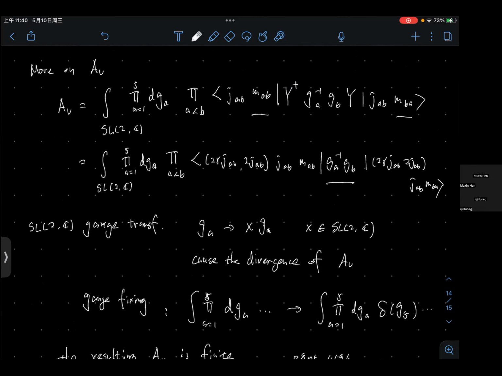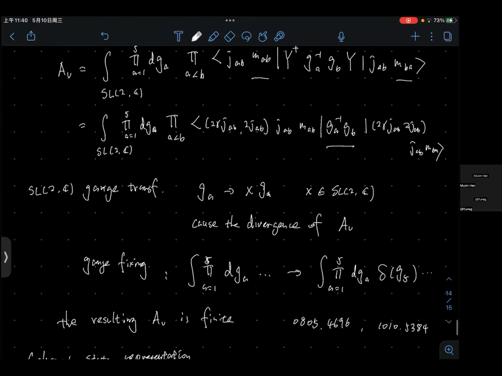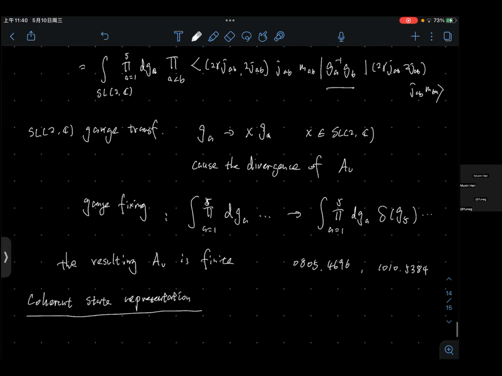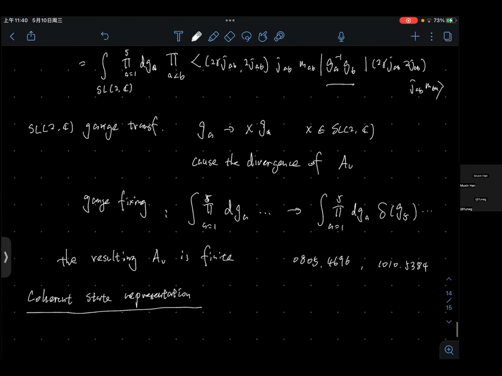To actually do computation, you have to make this integral even more explicit, to write down an explicit formula of this inner product as some L2 type integral. And this is conveniently doable in the coherent state representation. That's why this is very useful to actually study the amplitude.